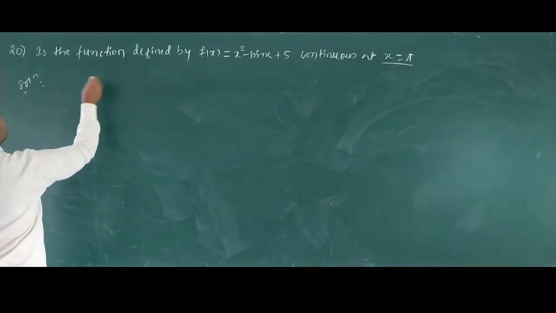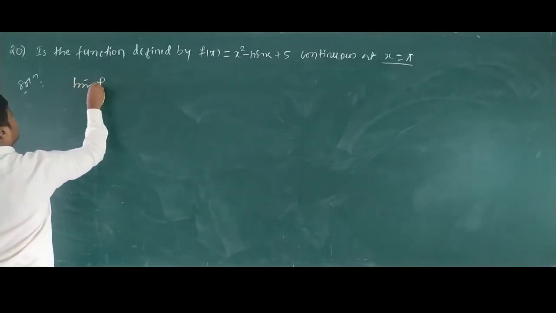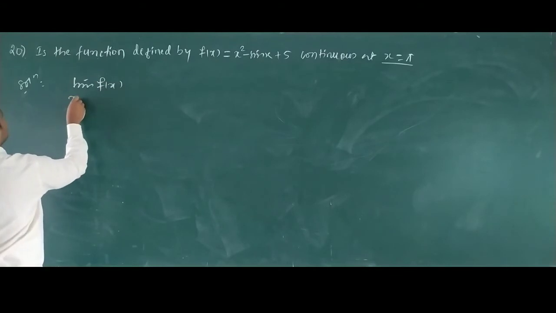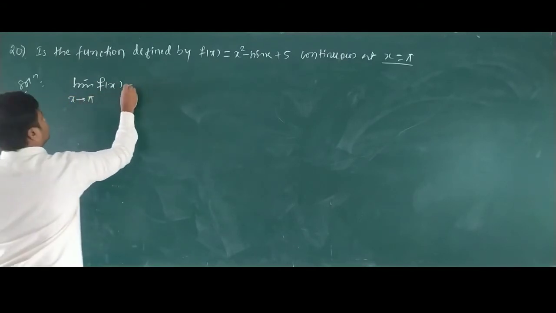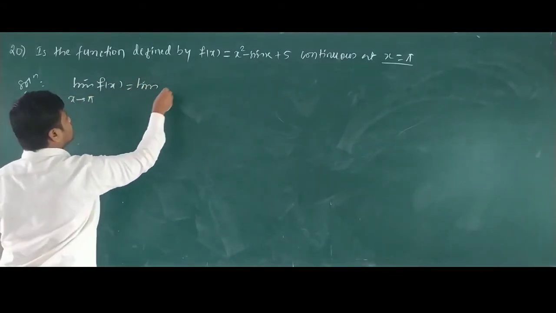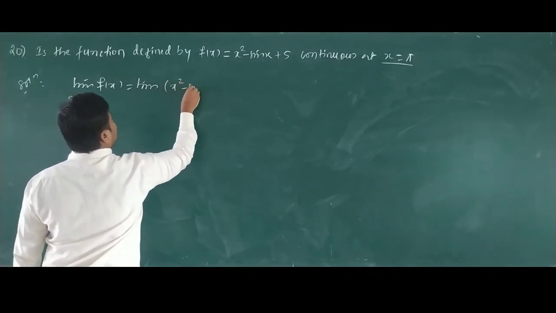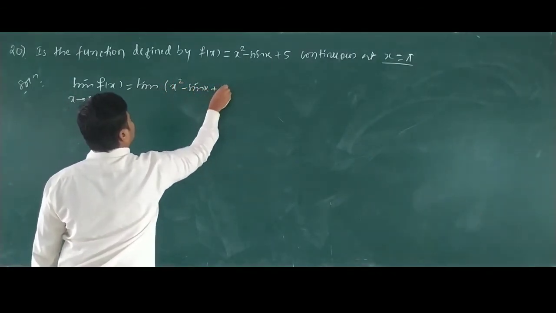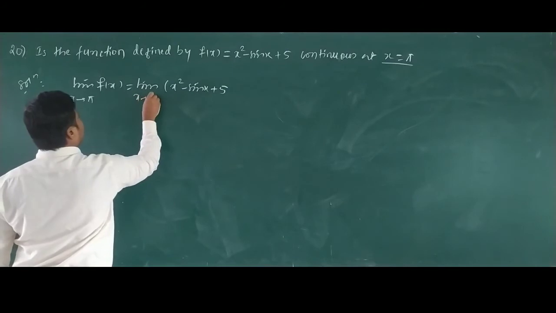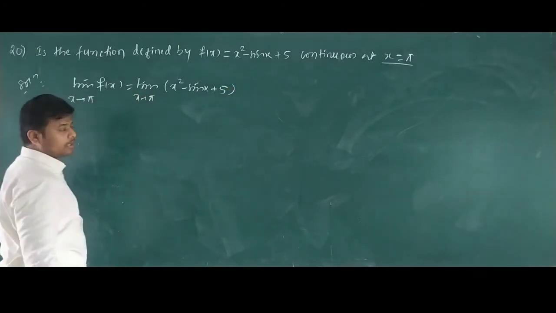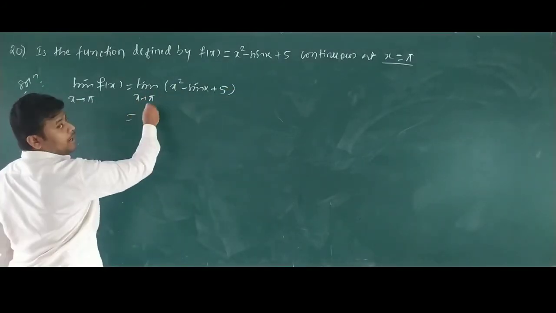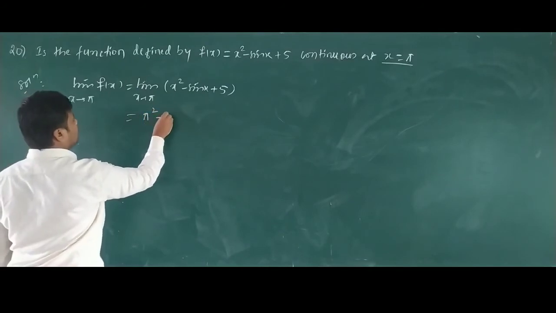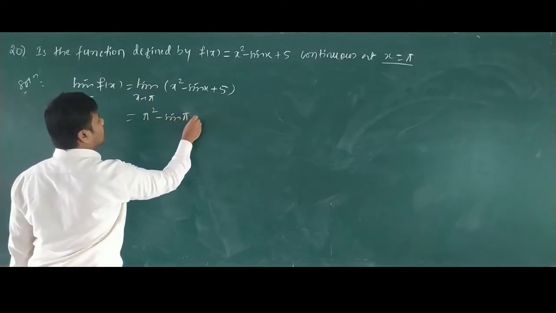So limit of the function is limit of f of x as x tends to 5. So this equals limit of f of x, that is x square minus sin x plus 5, as x tends to pi. So we get pi square minus sin pi plus 5.